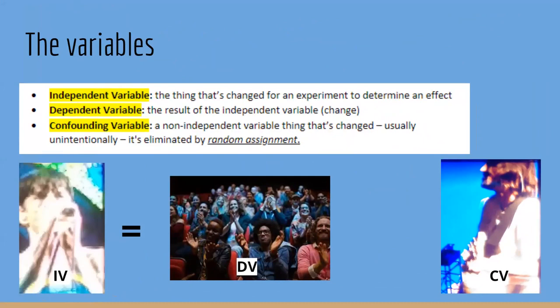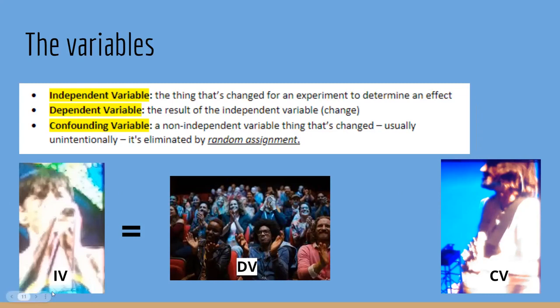And then there's something called a confounding variable. These are bad, actually, because there's something that it changes, but it's not supposed to, or maybe the researcher didn't think about it. So let's say that Anthony Kiedis is sent in as an independent variable to see if that has an effect on the audience. So you see the audience is clapping.